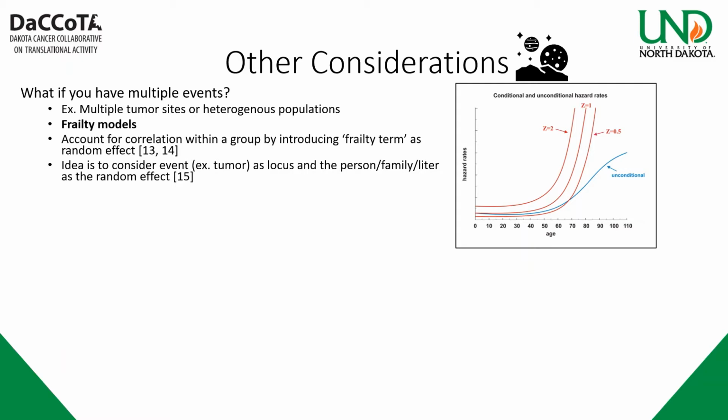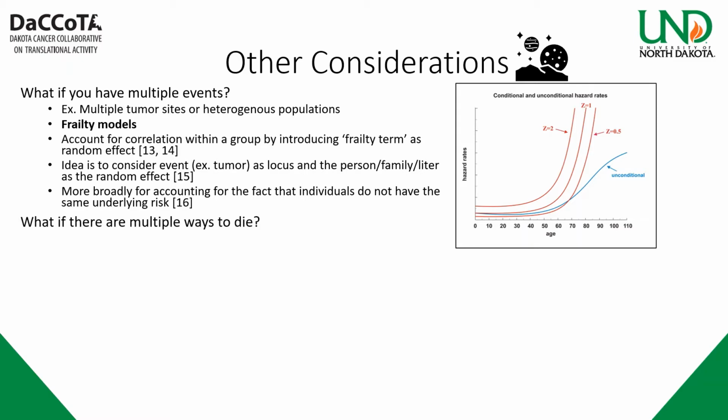So this is an example of unconditional hazard rate, and then different frailty terms, where higher frailty terms have higher hazard rates, lower ones have lower rates. So that's the general conception. And more broadly, it can account for the fact that individuals do not have the same underlying risk.